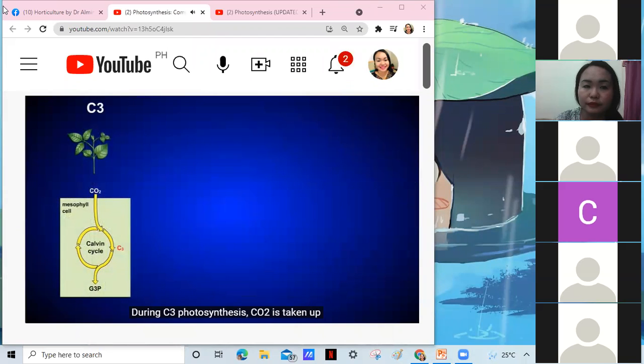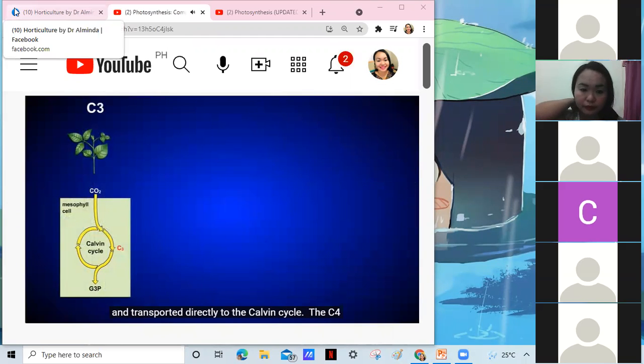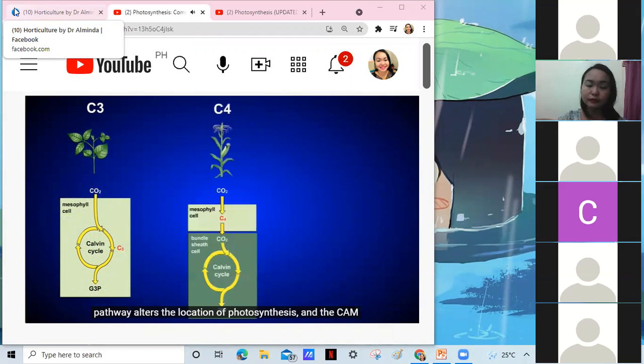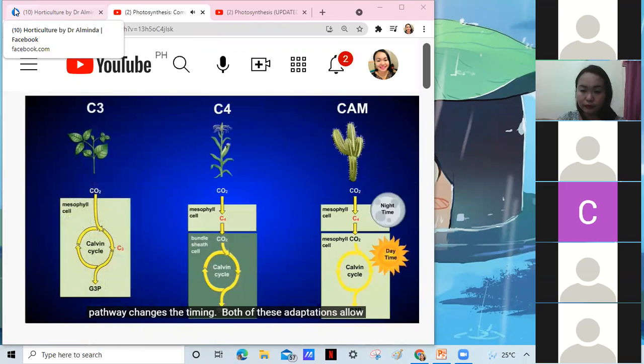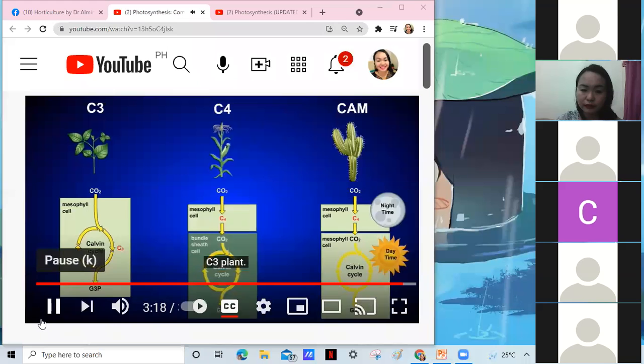During C4 photosynthesis, CO2 is taken up and transported directly to the bundle sheath cell. This pathway alters the location of photosynthesis, and the CAM pathway changes the time. Both of these adaptations allow some plants to survive in environments that are less than ideal.